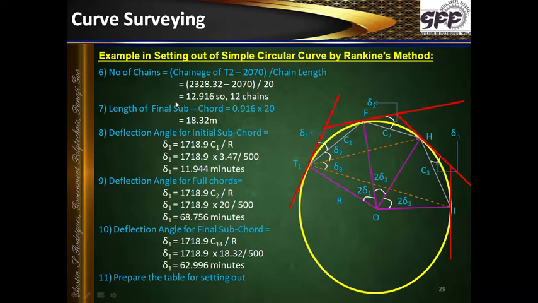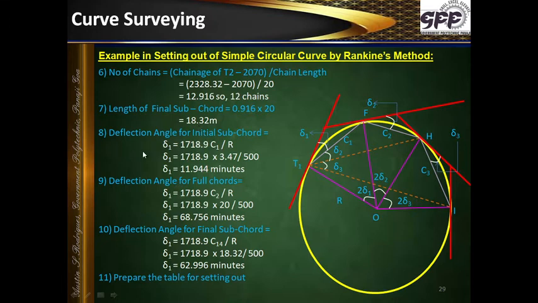So that comes to 12.916 chains. That means I am requiring 12 proper full chains and still a small portion would be remaining. So 12 full chains. Then what is the length of the final subchord? The length of the final subchord would be the fraction 0.916 multiplied by 20, which is 18.32 meters. So that is my final subchord.